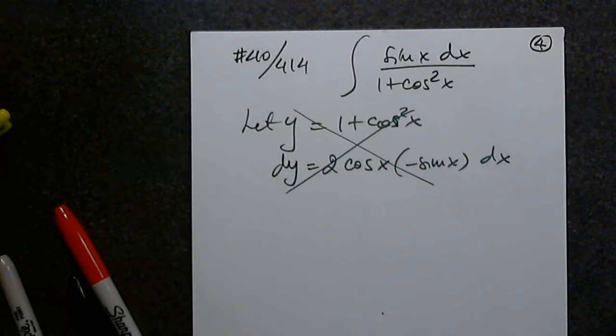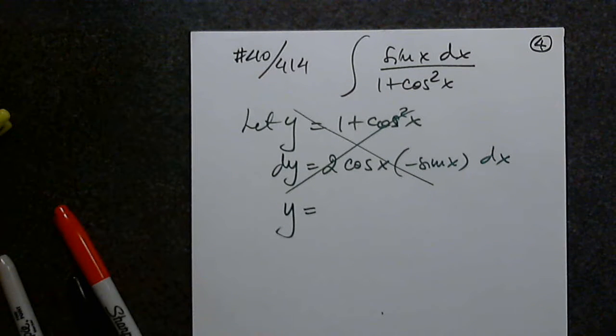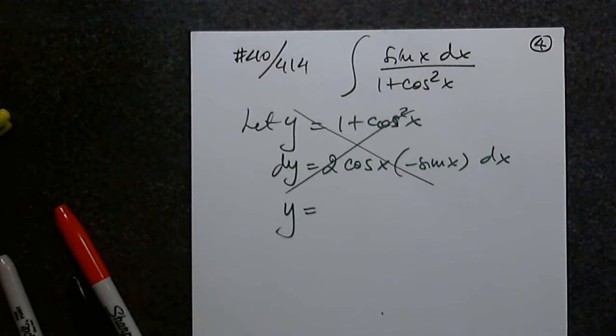Still the focus is on cosine, on the denominator, but not on 1 plus cosine squared and not on cosine squared. I don't have anything that is 1 over cosine squared here.